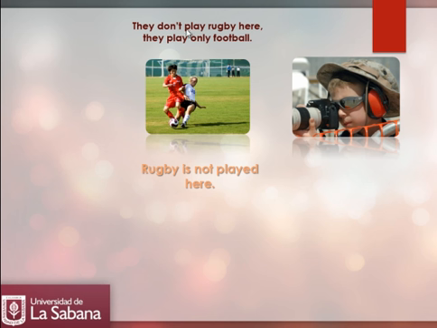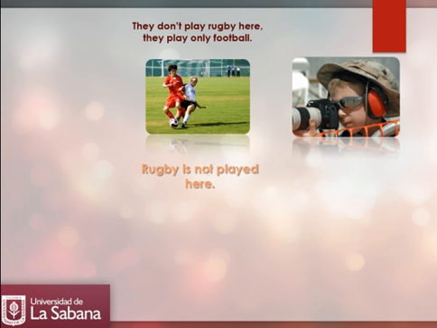And since the active sentence is in the present simple, we need the present simple form of the verb to be, which in this case is, because the subject is rugby. The only thing that we are missing here is the negative form. Since the active sentence is in the negative form, we need to add negation not after the verb to be.